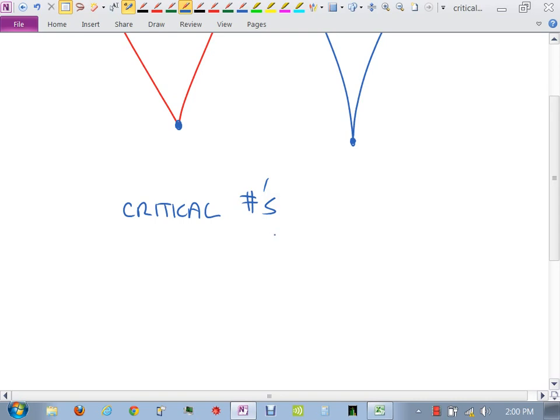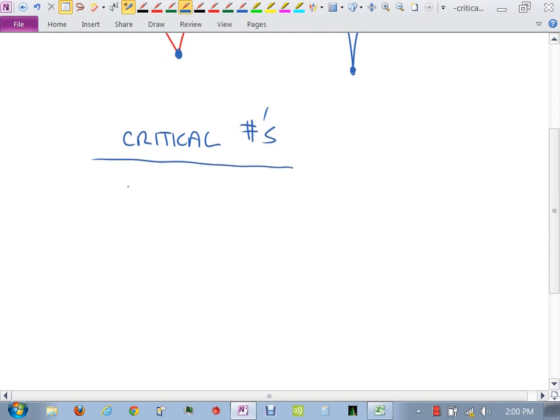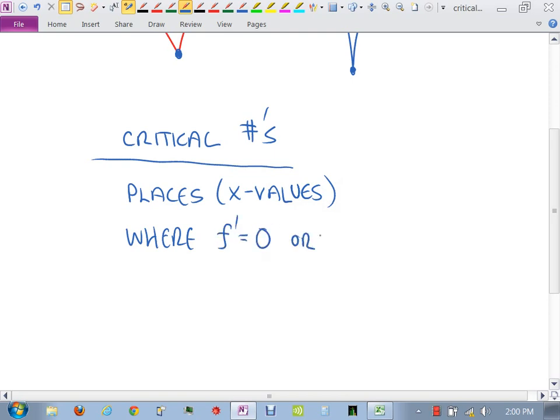The critical numbers of a function are places, or you could say x values, where the derivative is 0 or the derivative does not exist. So any place on a function where the derivative is equal to 0 or the derivative does not exist is called a critical number of the function.